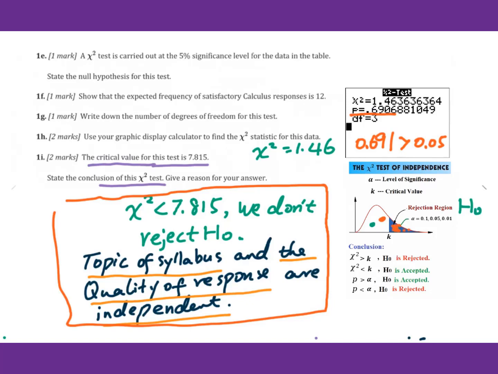So you could say, since this 0.691 is greater than 0.05, we don't reject H0. In other words, topic of syllabus and the quality of response are independent.